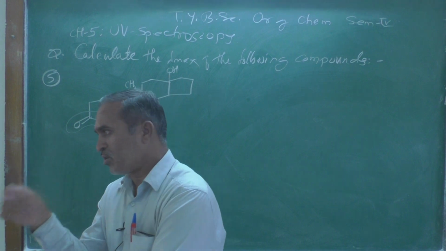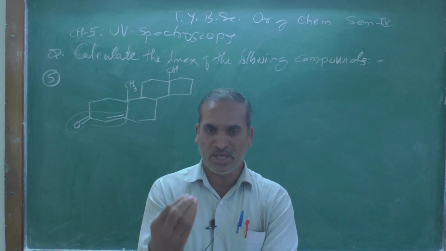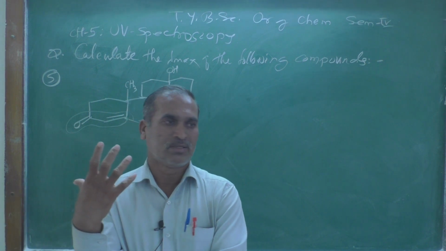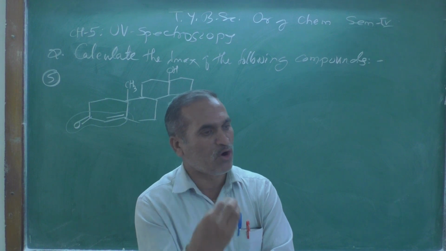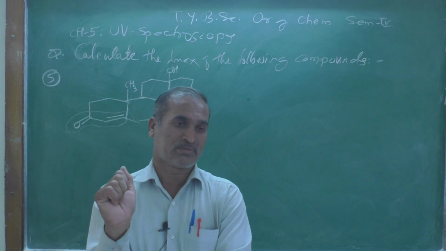Suppose the carbonyl group is attached to a 5-membered ring, then you must consider the base value 202 nanometer.